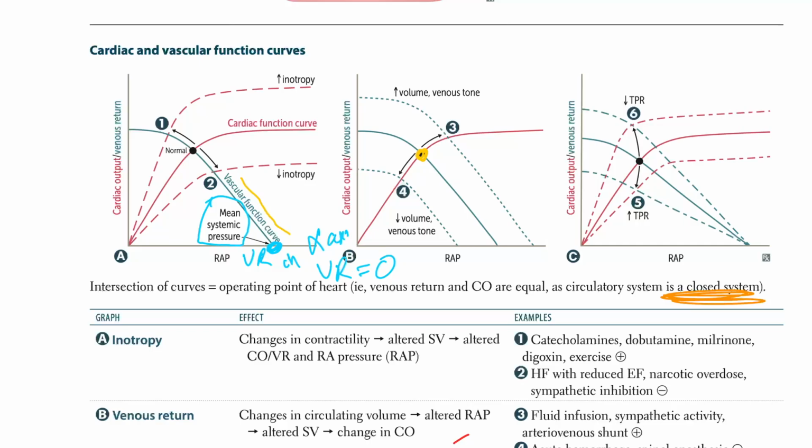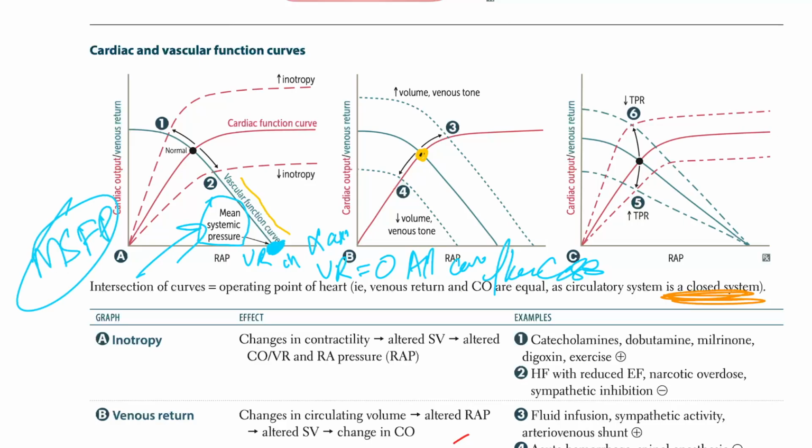VR, venous return equals 0. At this point, all circulatory flow ceases, and the pressure throughout the circulatory system equalizes. This pressure is termed mean systemic filling pressure, which is right here.